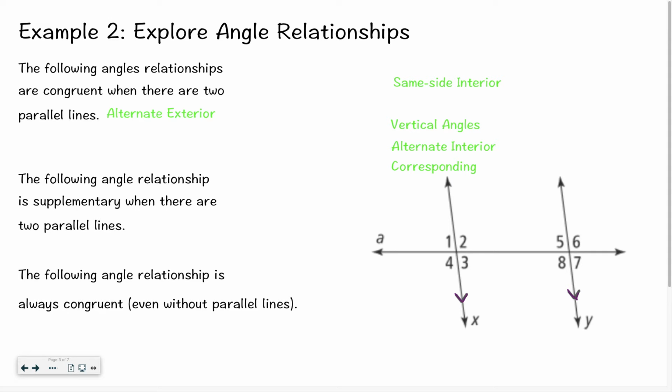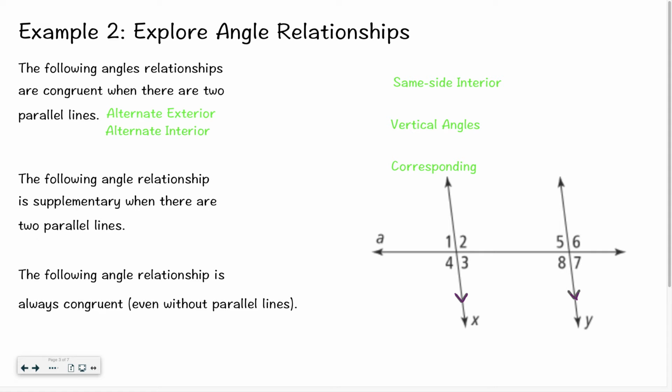Those would be congruent. So if angle 1 was 28, that means that angle 7 is 28. Okay? Another type of congruent angles would be alternate interior. So if angle 2 is 100 degrees, angle 8 is also 100 degrees. If angle 3 is 12 degrees, angle 5 is 12 degrees.